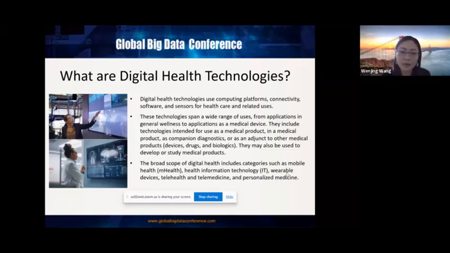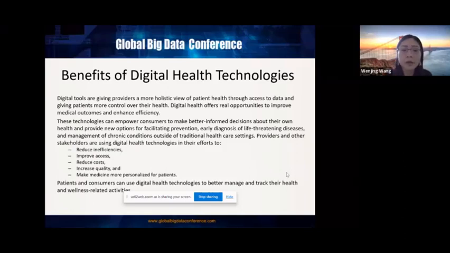It could be mobile health, health information technology, wearable devices, telemedicine, or even personalized medicine. So what are the benefits of digital health technologies? Digital tools can give providers a more holistic view of patient health through access to data, and give patients more control over their health. Digital health offers real opportunities to improve medical outcomes and enhance efficiency.